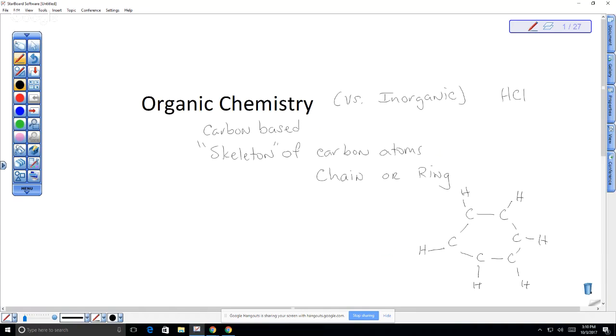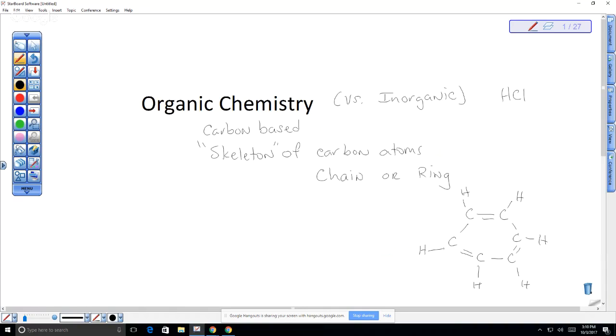And then you could throw in a couple of double bonds here, here, and here. Okay. So now notice that carbon is sharing 4 electrons. This has got 1, 2, 3, 4, 1, 2, 3, 4, 1, 2, 3, 4. Okay. So this, I think, is called benzene. You don't need to know that.